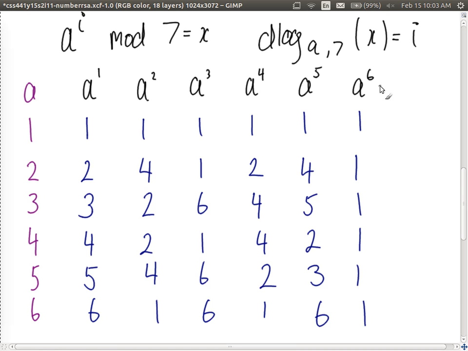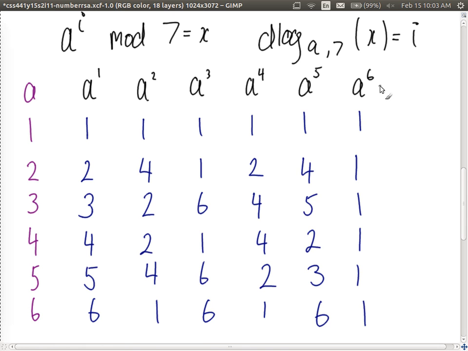We can calculate the exponentiation, all right? We can calculate those values. But when can we find a unique answer for the discrete logarithm? Well, let's look up our table. If A is, let's take an interesting number, A is 2. So the second row here, if A is 2, if the answer is 4, what's the exponent?